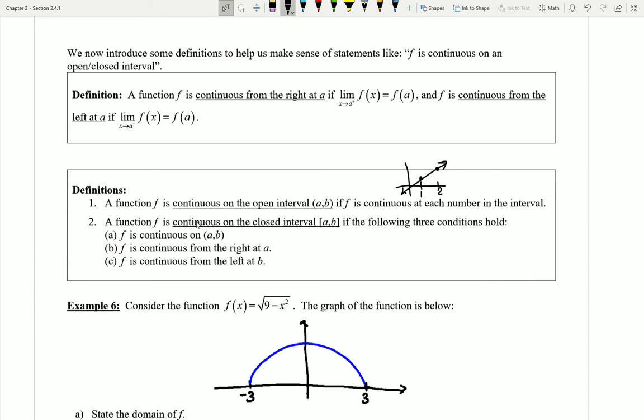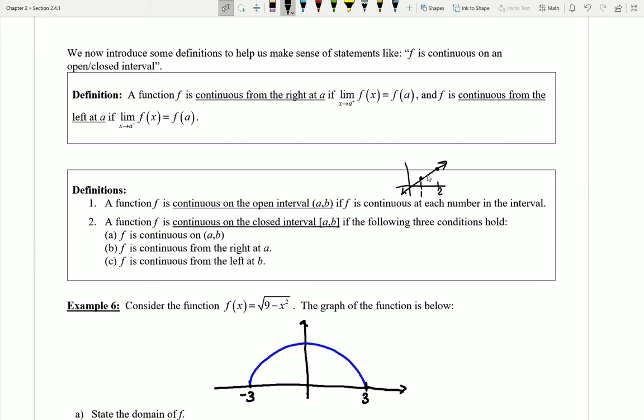If we want to show, though, that a function is continuous on a closed interval, we have to do kind of a combination of different things. First, we have to show that the function is continuous at every point in between the endpoints. But then we would want to show that as we move towards the value of a, which would be this left point, we have to move at that from the right side.